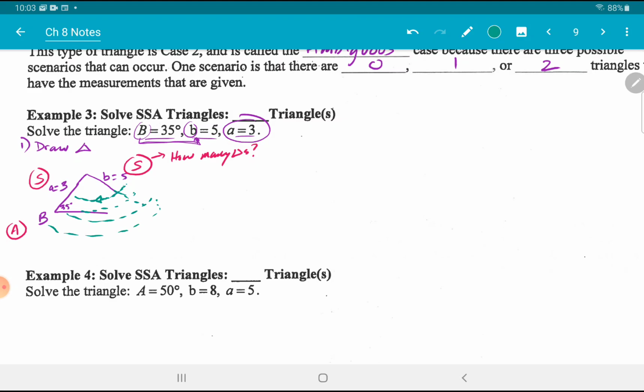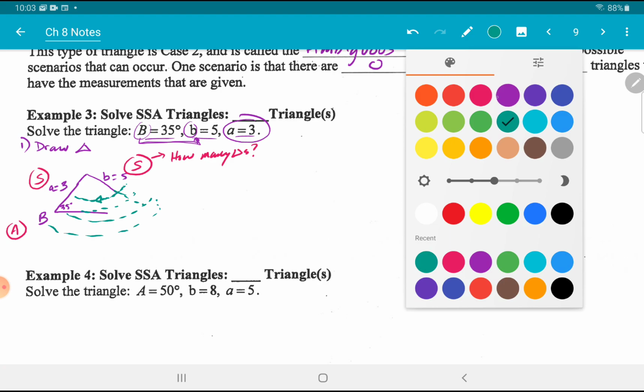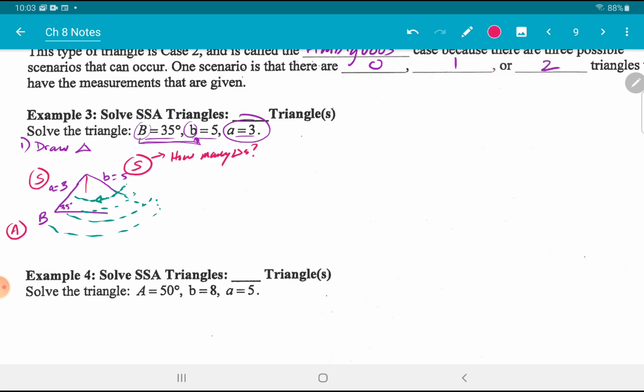You want to find out just how long B is so that it can make a certain number of triangles. The big idea here is to always think about it in terms of the height. So step 1 is to draw the triangle. Step 2, find the height of the triangle.